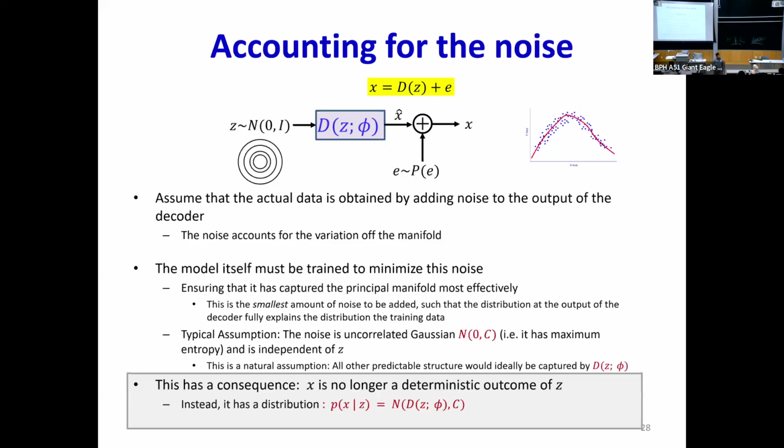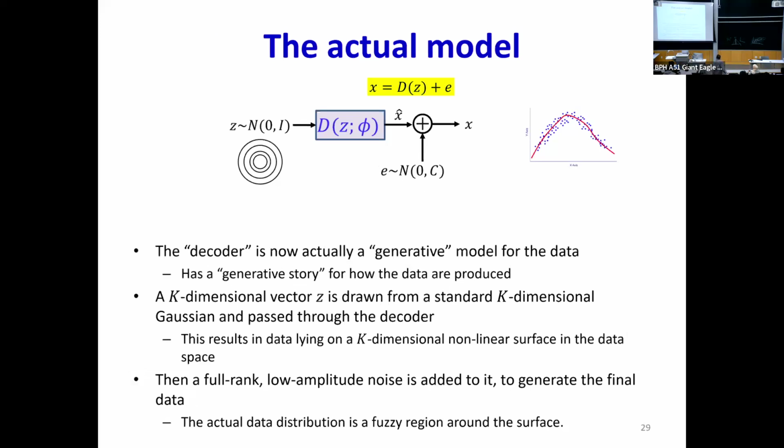So conversely, if you give me an actual data point, is there a unique point on the manifold that could have generated it? Is there? Because the noise is random, right? If I give you a point here, it could have come from here, or here, or here, or here by appropriate addition of noise. So the decoder is now a generative model.